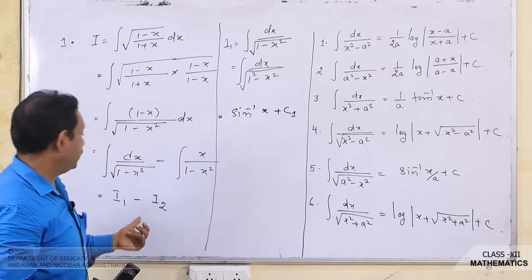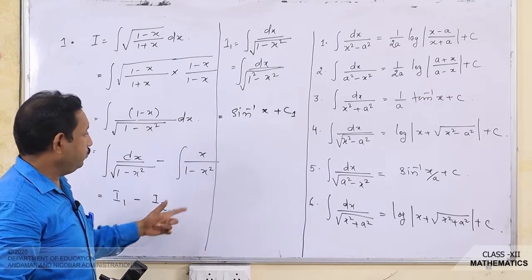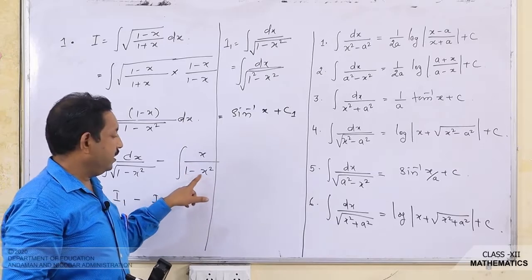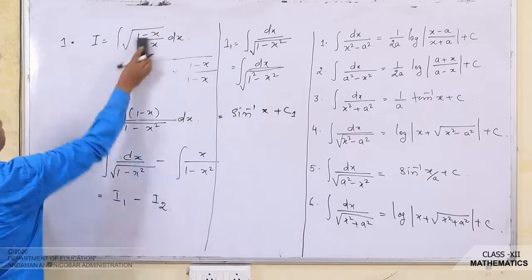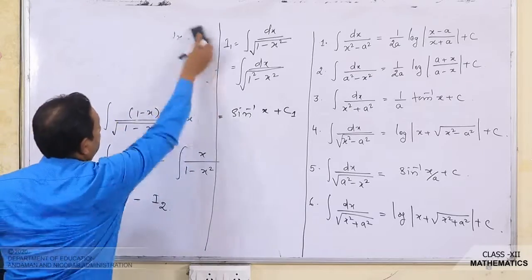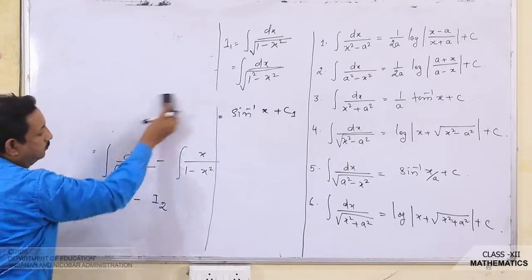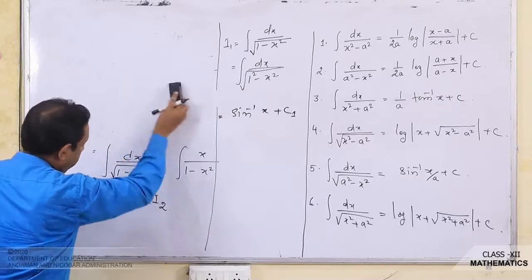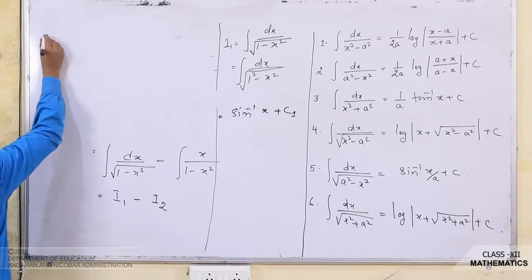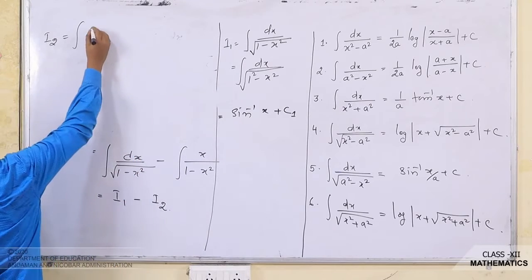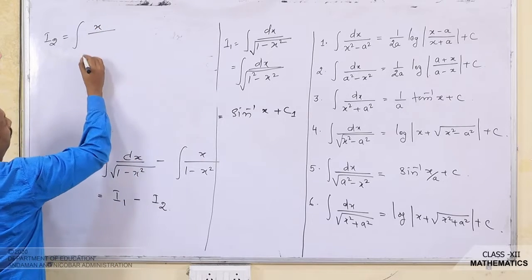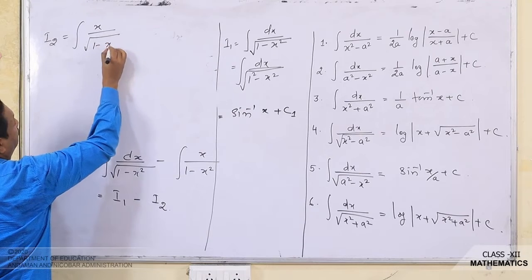Now, I take the integration of I2. I2 is our x upon root of 1 minus x square. Here I write this I2. I2 is equal to integration of x upon under root of 1 minus x square.